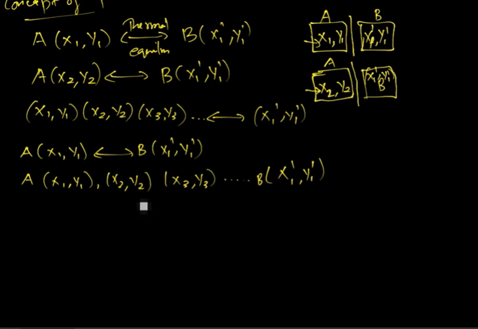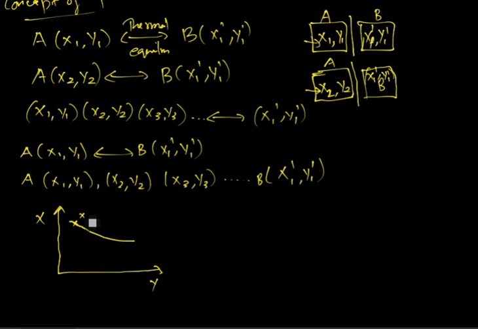Now if we plot the points x1 y1, x2 y2, x3 y3 on an xy diagram, here I am considering this as the x coordinate and this as the y coordinate, then the locus of all points lies along a curve like this.